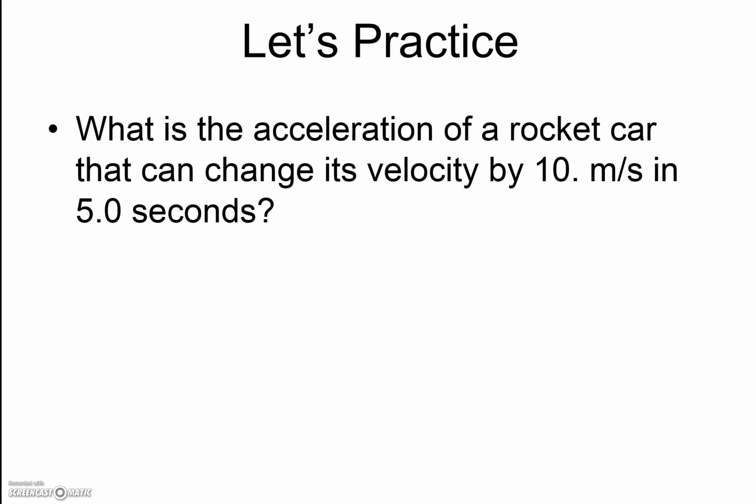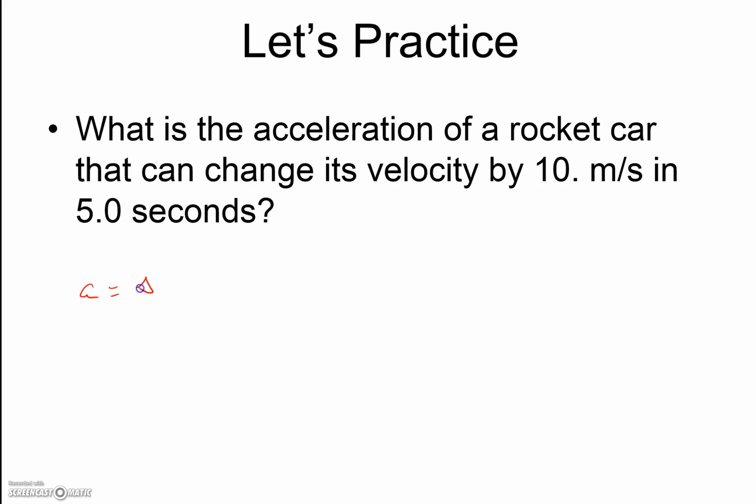So let's look at a practice problem. It says, what is the acceleration of a rocket car that can change its velocity by 10 meters per second in 5 seconds? So it's telling us what the change in velocity is, so we know our delta V. It's giving us the time, and we're trying to calculate our acceleration. So we write our equation.